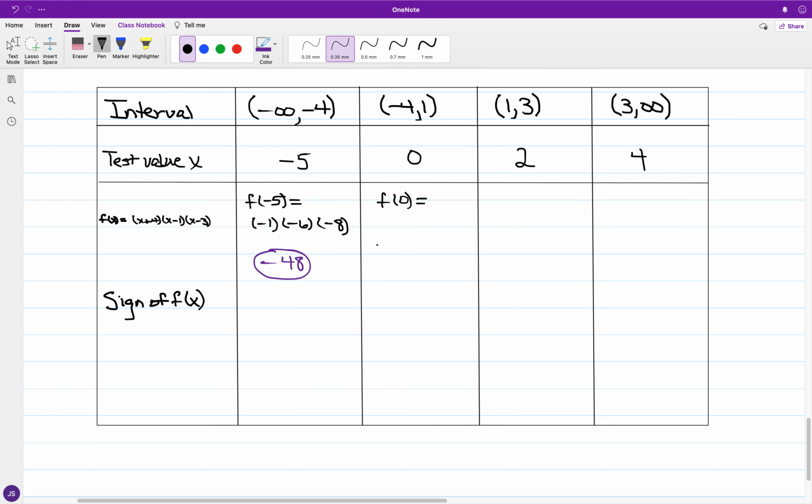Now with f of 0, I have 0 plus 4, so I have 4. Then 0 minus 1, so I have -1. Then 0 minus 3, so that would be -3. And so I got -4 times -3, so we're going to have a positive 12 for the output.